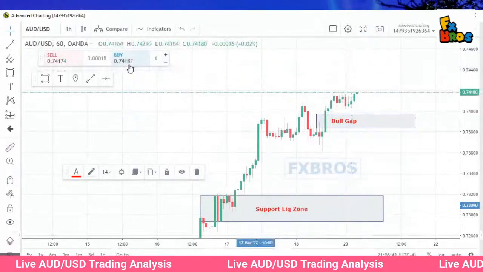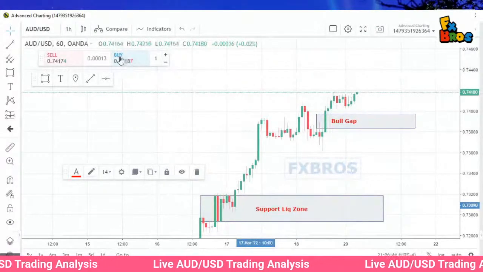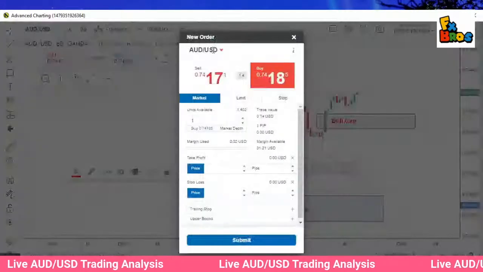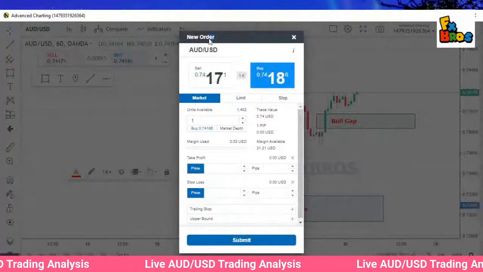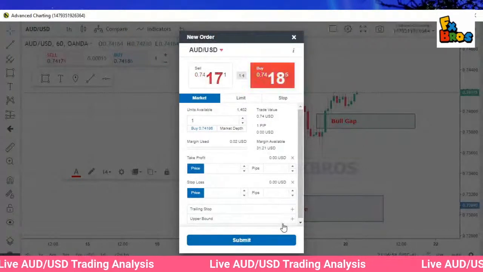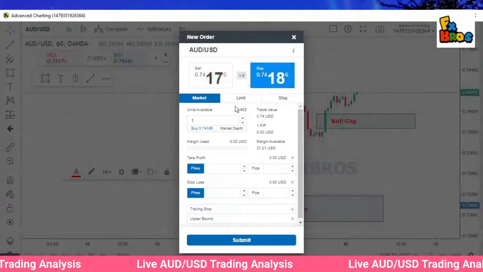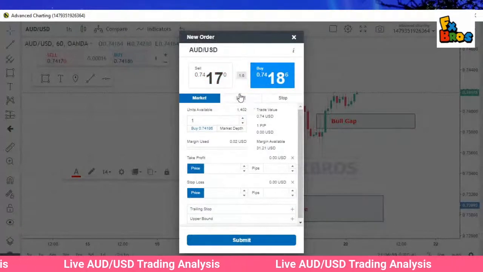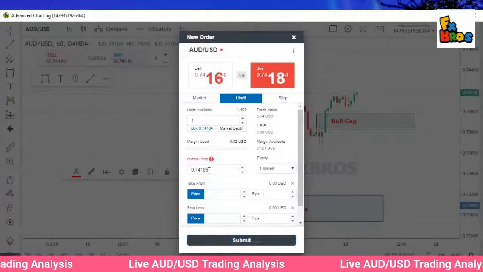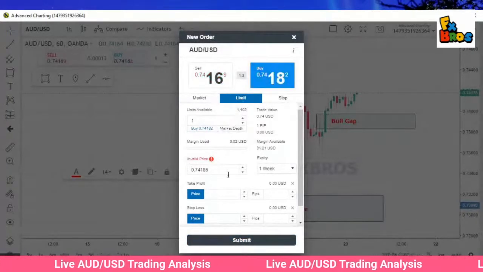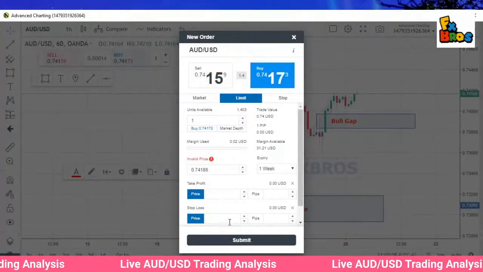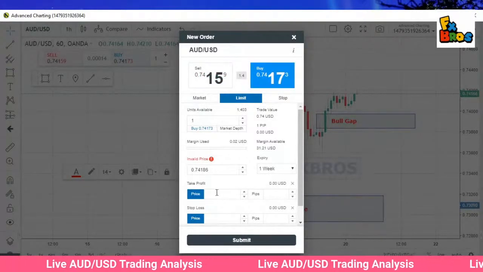But for instance, with this, if you wanted to get into a buy, you just click buy. Did you see this chart pop up? Yes. Okay, I didn't know if it showed or not. And if you want to set a limit, you go to limit right here, and then you type in the price you want to get in at, the units, your take profit, your stop loss, all that input just like you would in Oanda.